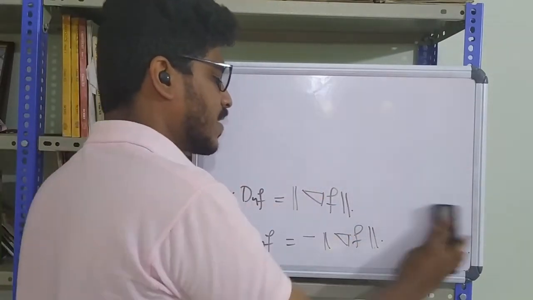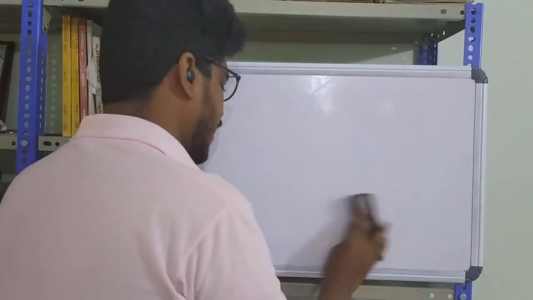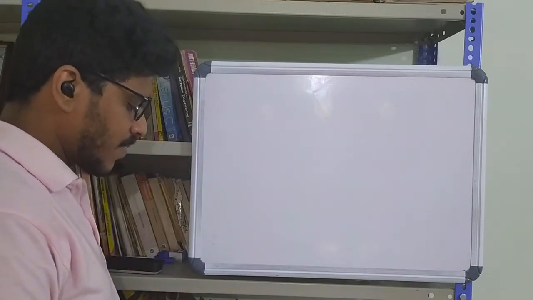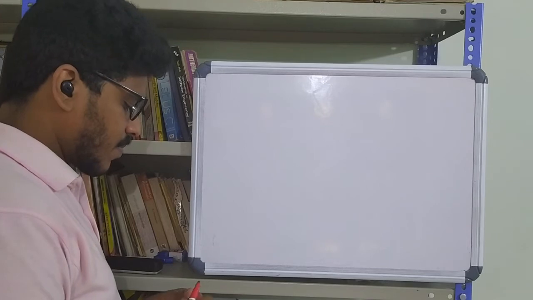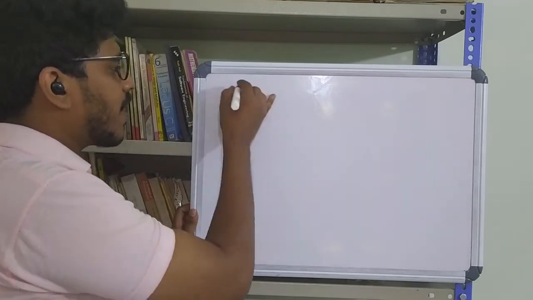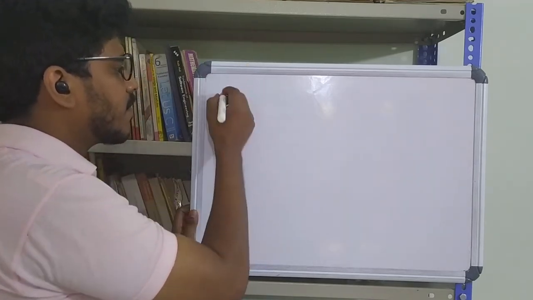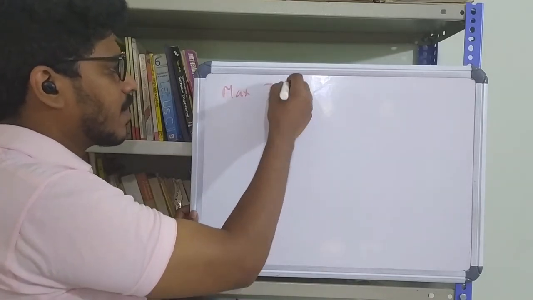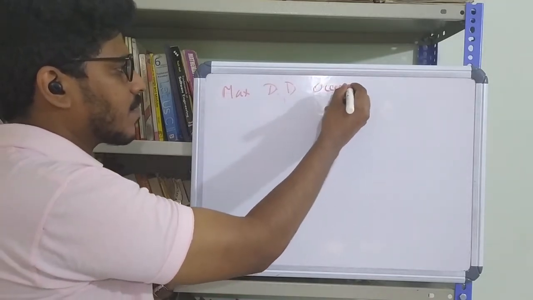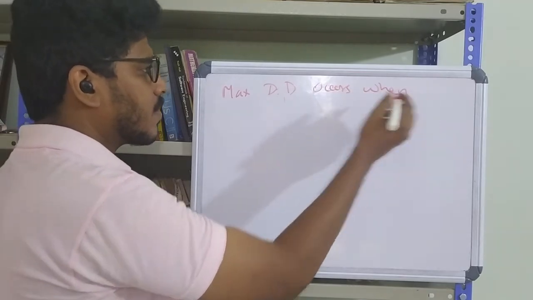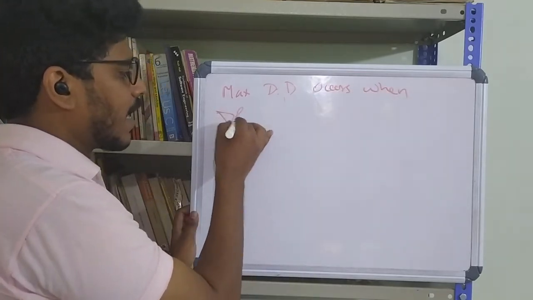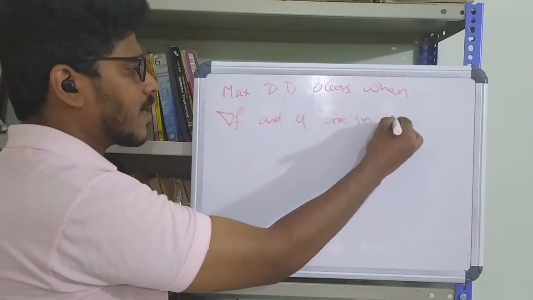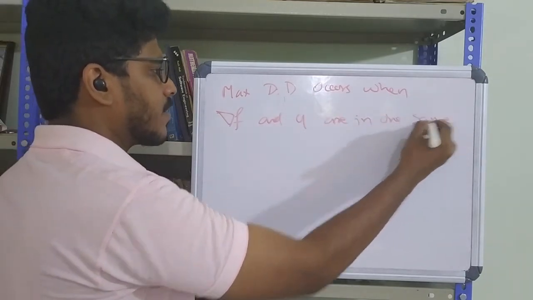Collecting all this information together, we can make a statement, and this is a very important statement. The maximum value of the directional derivative occurs when grad f and u are in the same direction.